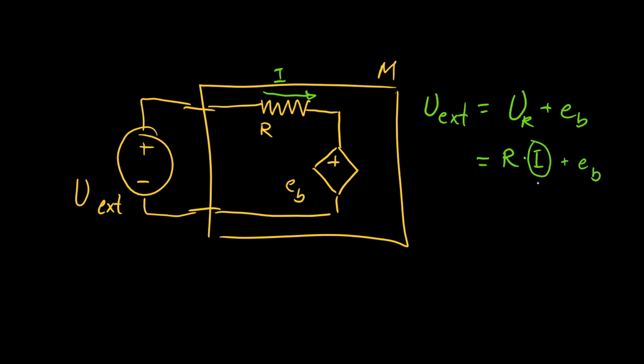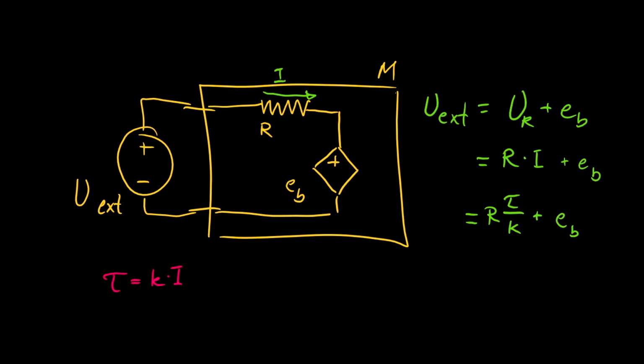Now the I that we want to provide to the motor is this I, right, so that's the one that's providing the torque through our torque equation. The torque is equal to the motor constant times the current. So effectively we could put that in here. Let's try and do that. It'll turn into R times tau divided by K, plus EB.